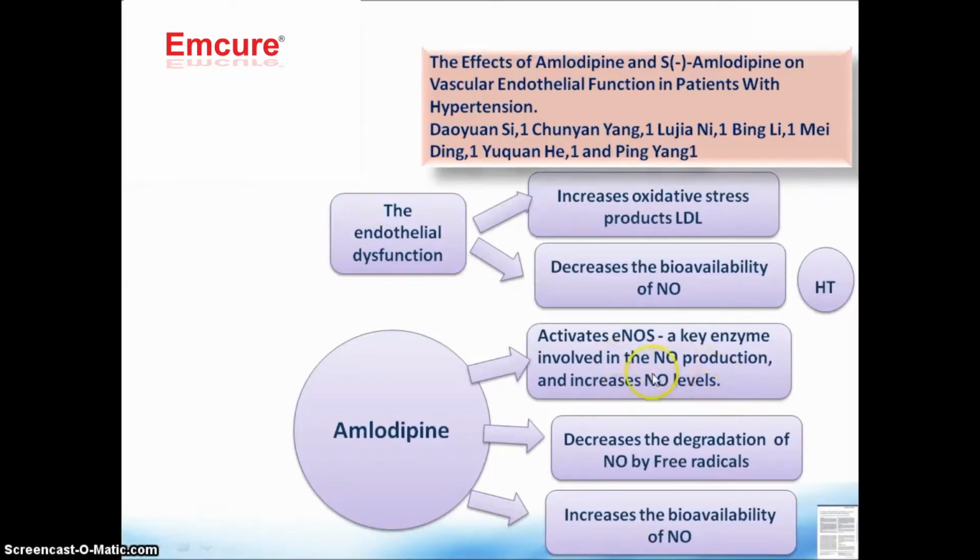It increases the nitric oxide levels, decreases the degradation of nitric oxide by free radicals, and increases the bioavailability of nitric oxide. So amlodipine has 4 roles when we discuss it in relation to the enzyme eNOS, and its role in reduction of blood pressure in hypertensive patients.